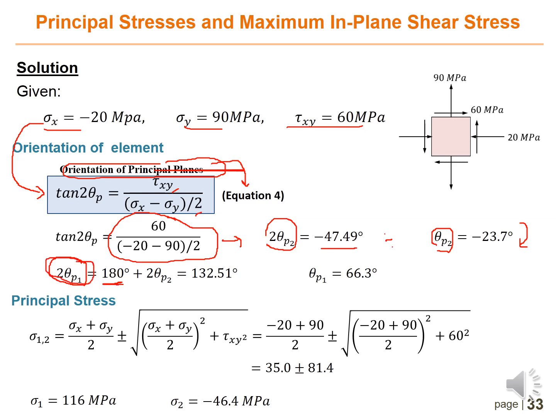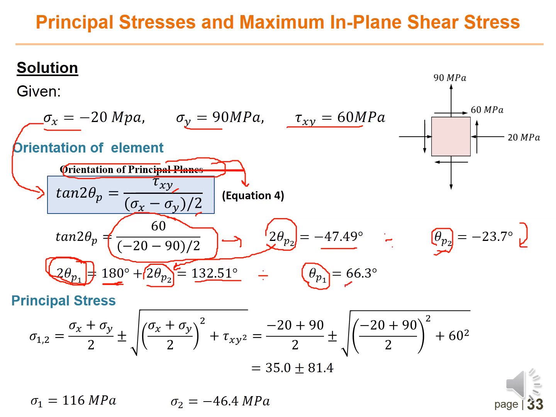So 2 theta p1 equals 180 degrees plus 2 theta p2, which you already found. Substitute it here and you will get 132.51 degrees. Divide by 2 and you get theta p1 equals 66.3 degrees.